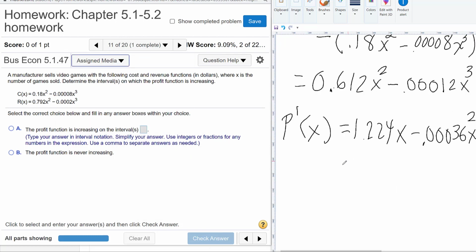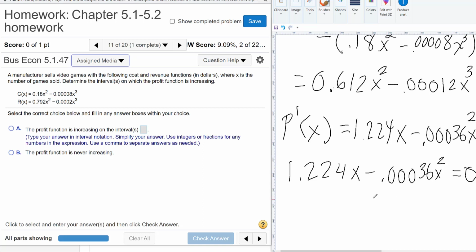Now we have to take this and set it equal to 0. 1.224x minus 0.00036 x squared equal to 0.